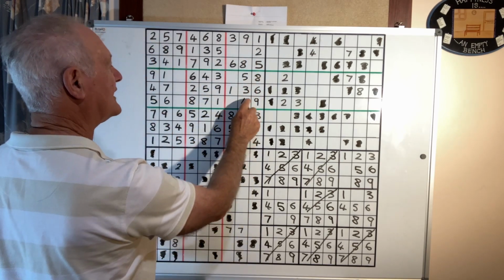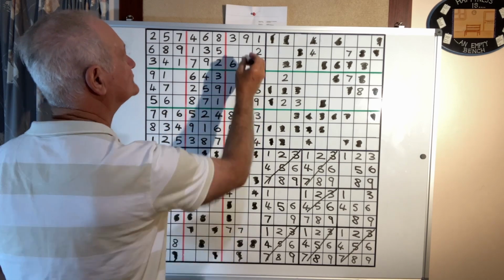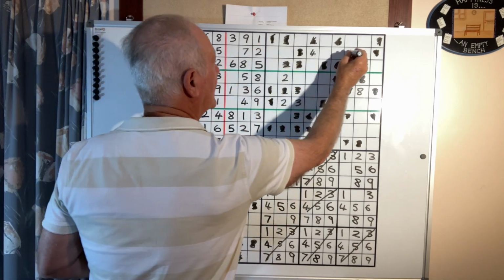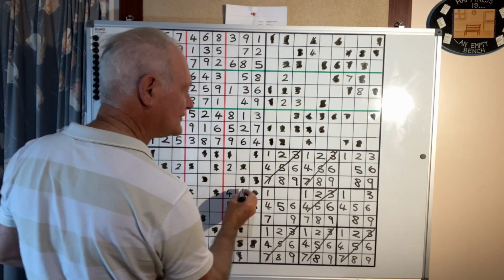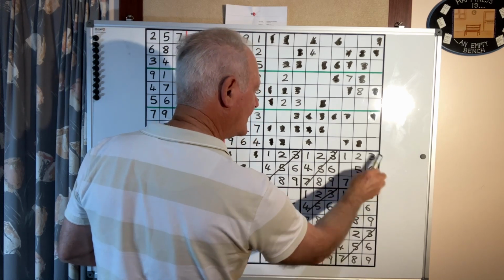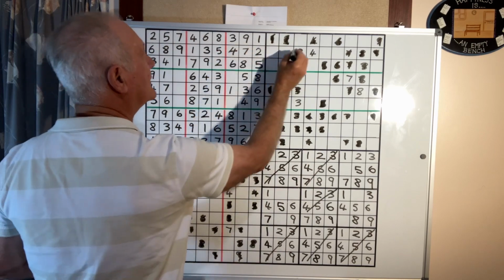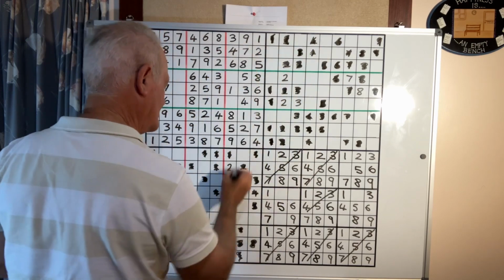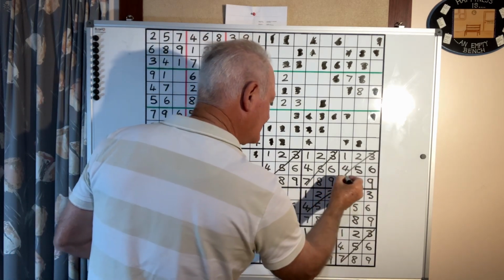Okay, this 7 can't go to the middle, so this 7 must go to the top. 7 and 7 to the top. There is my 7. Oh, this block only needs a 4. There it is. Cross out the 4, cross out that 4, cross out that block.